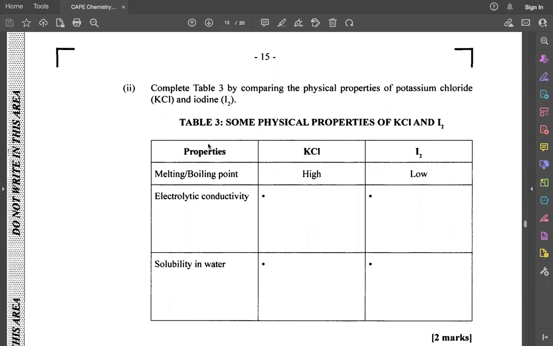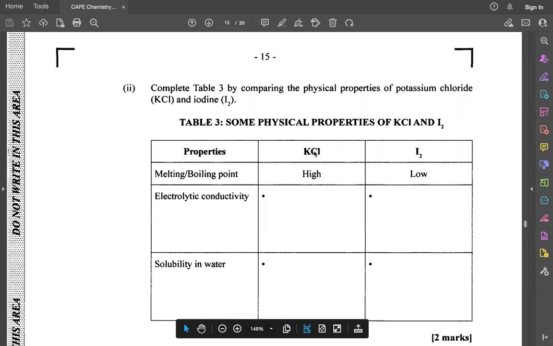The properties we have are melting and boiling point, electrolytic conductivity, and solubility in water. We know that these physical properties are very intimately linked to the structure and bonding of these particular compounds. We just discussed structure and bonding, so we should be able to deduce how these properties would fare in each of these compounds.